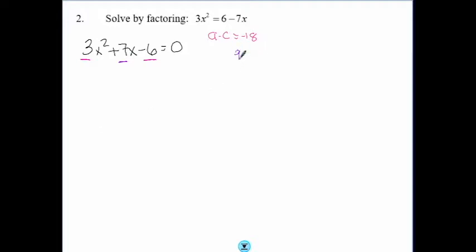So that would be 9 and negative 2. So now I'm going to take my original quadratic and I'm going to split the middle term. Instead of having 7x, I'm going to have 9x and negative 2x.